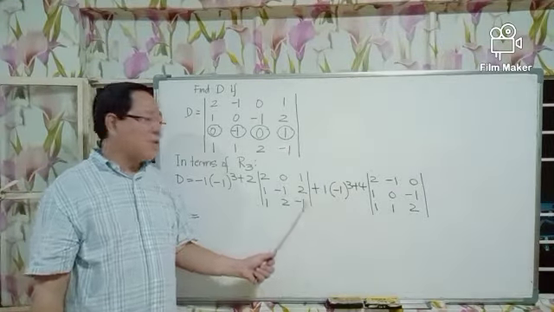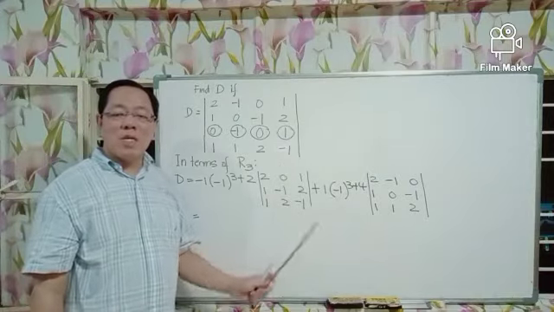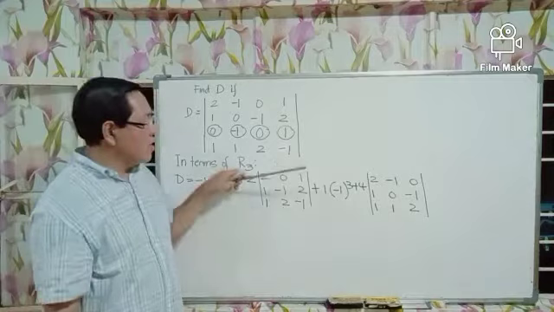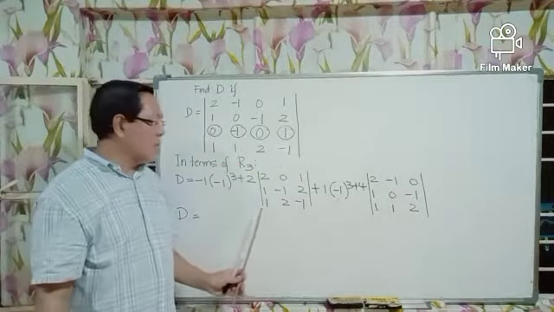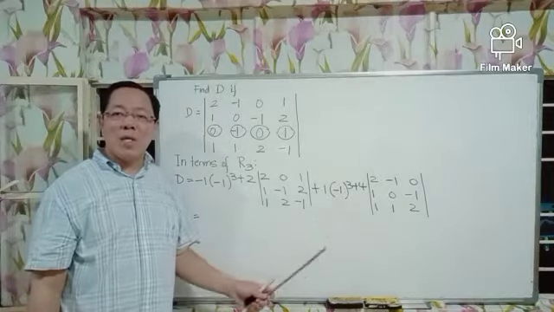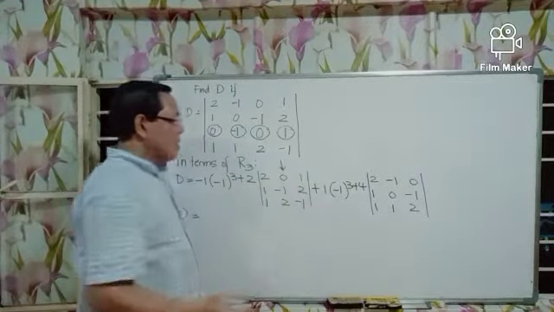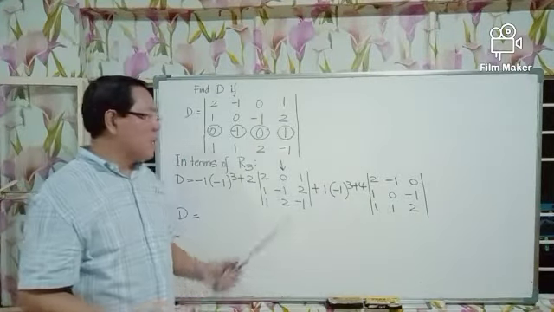And because we have 0 in the first row, and in the second column, we can use either the first row or the second column of this determinant of order 3. I will use the second column. In terms of the entries of the second column, the first entry in the second column is 0.